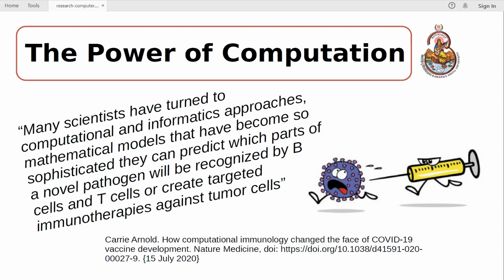With the virus RNA parts, they try to do some computation on how to neutralize a particular set of a virus, a particular protein within the virus. And this is all done because of modeling.